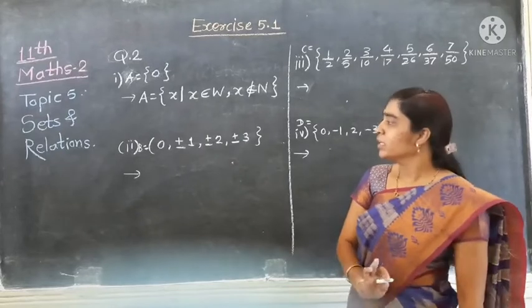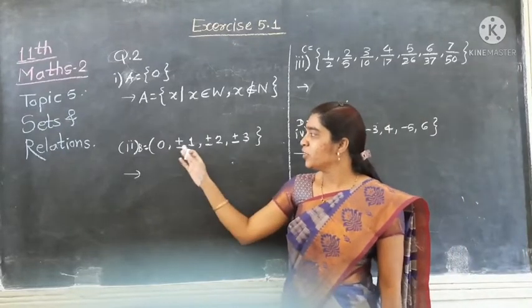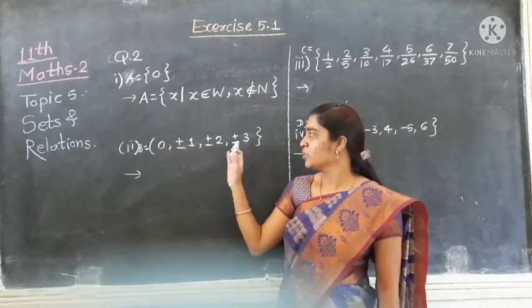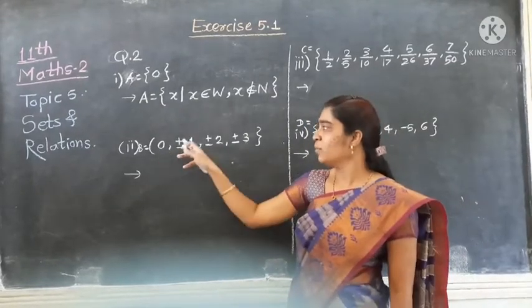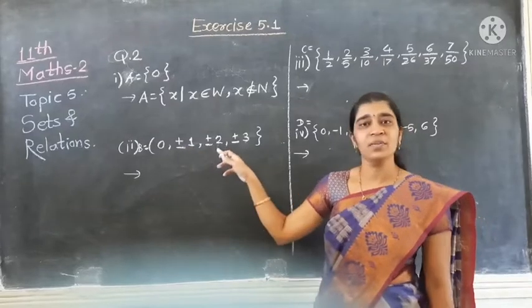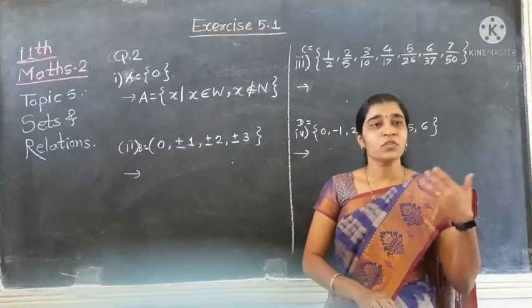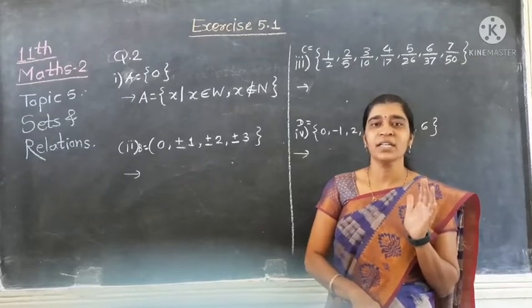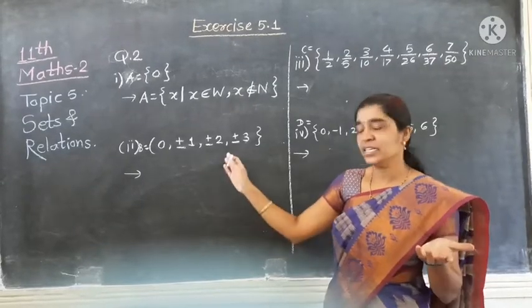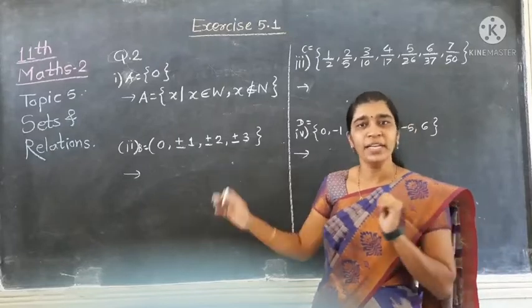Similarly, this is the second. 0, plus or minus 1, plus or minus 2, plus or minus 3 means the numbers 0, 1, 2, 3 and minus 1, minus 2, minus 3. So which set contains 0 and positive and negative numbers? The set of integers contains 0, positive and negative.